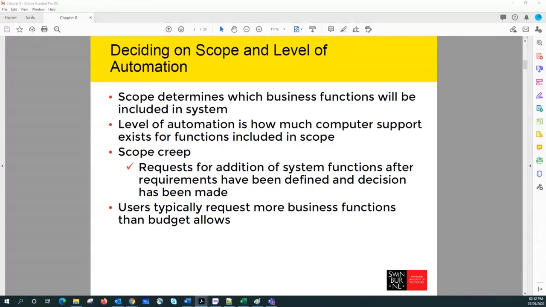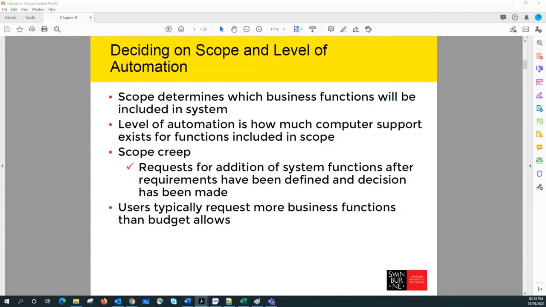for the project. The scope is important because we can then determine the level of automation that we require to implement these functions in our application. We will also discuss some other things along with that.